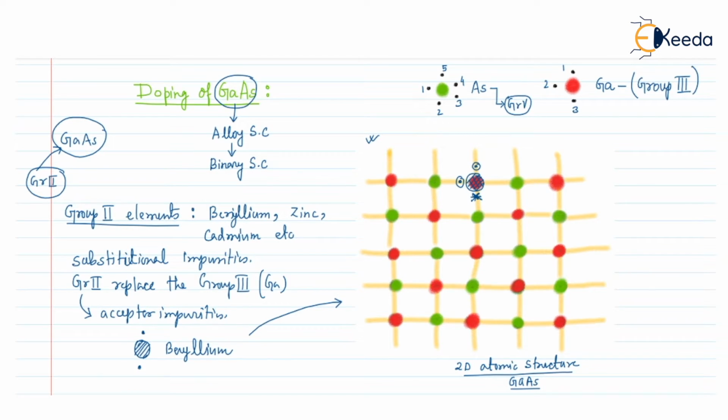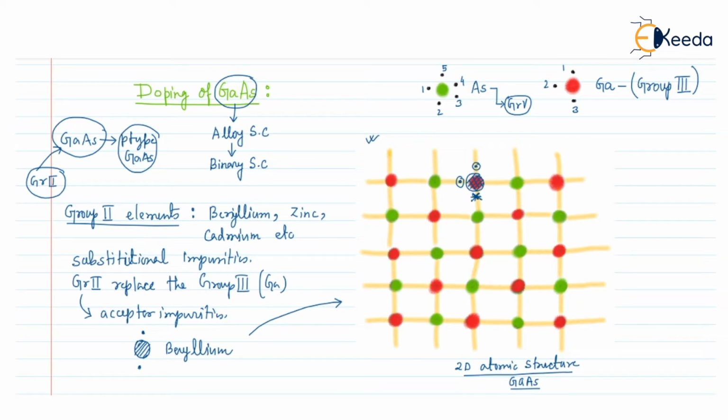That's why the beryllium or the group 2 elements, after replacing the gallium atom, will become acceptor impurities. That's why the gallium arsenide will become p-type gallium arsenide after doping with group 2 elements.